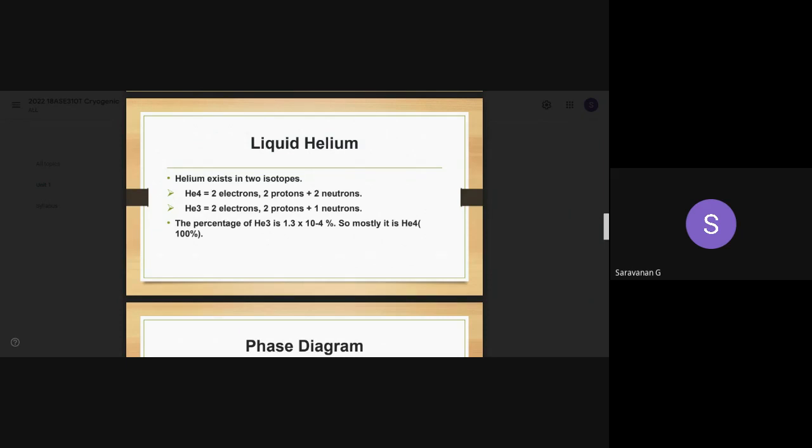Correct. Can you define it in terms of atomic number and atomic mass? The atomic number remains the same, and the atomic mass is different. Right, so that is isotopes. Like normal helium gas, this liquid helium fluid also has its own two forms.